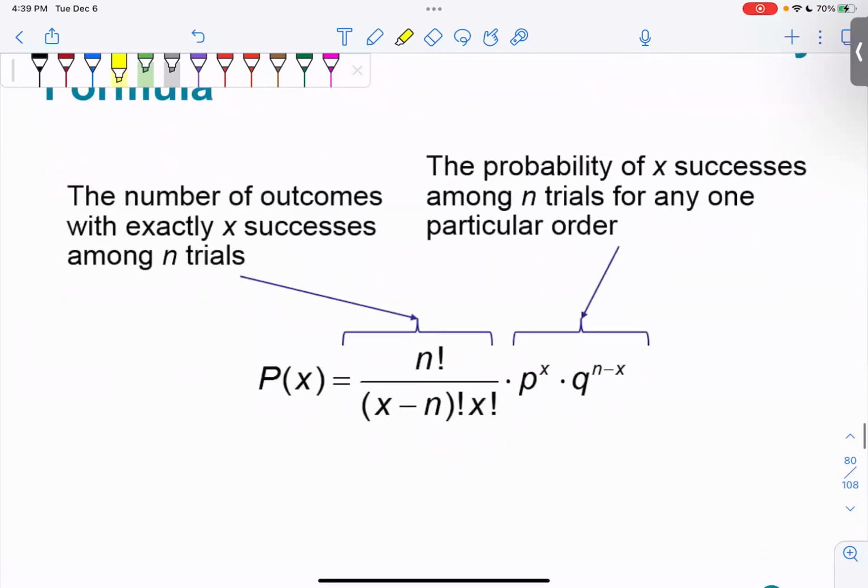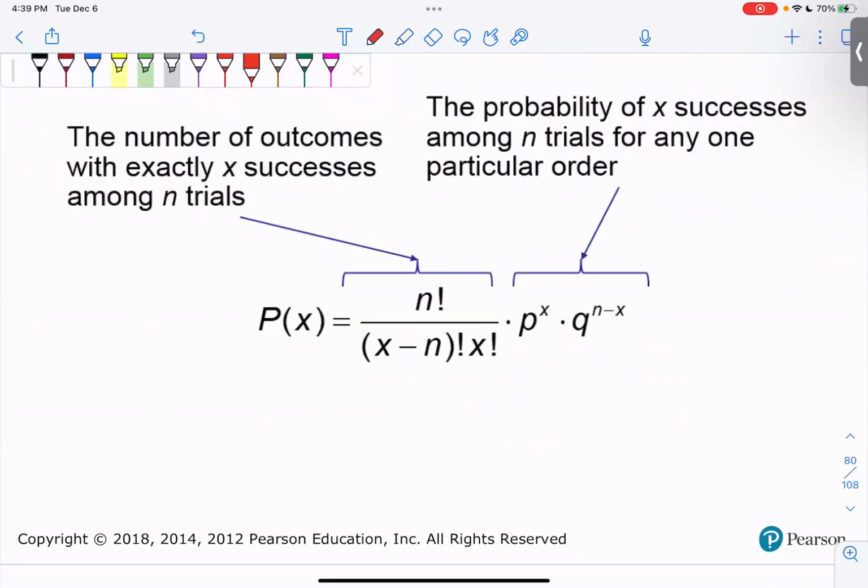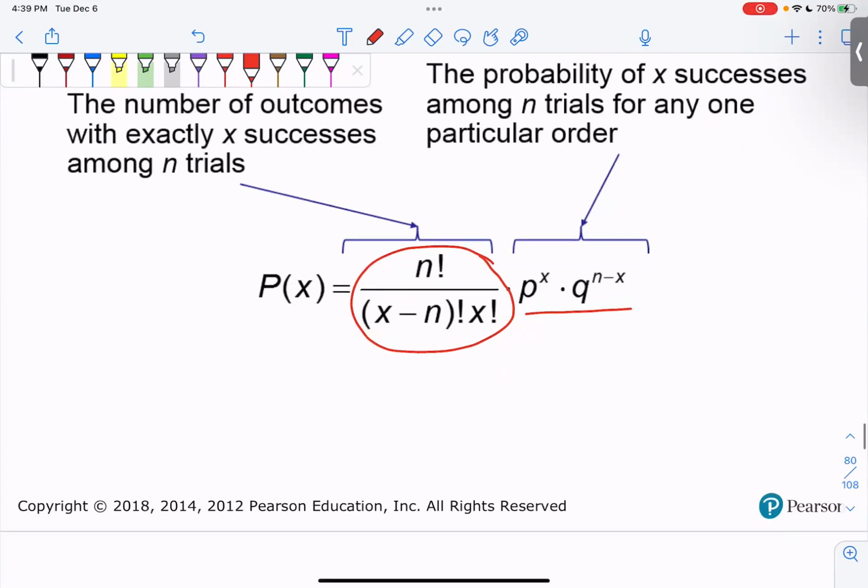Now, this is just the formula. This part is the combination part, which counts the number of outcomes with exactly x successes in n trials. So let's take exactly this formula and put x equal to 0.